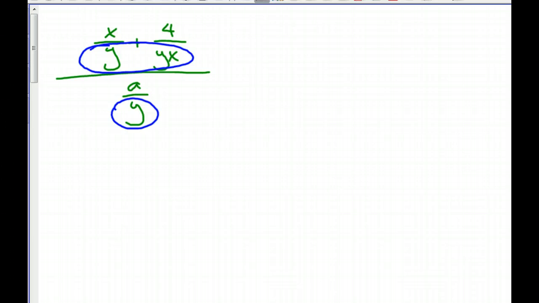So don't you multiply the numerator and the denominator by the opposite of the a over y? Well, not yet, because I want this to be one fraction. So what am I missing over here? X. And what do I have to put in over here?